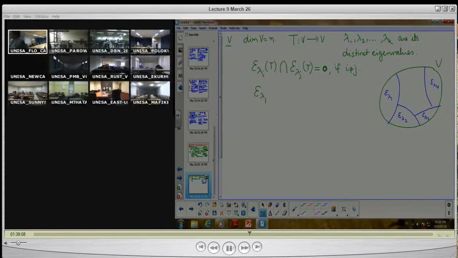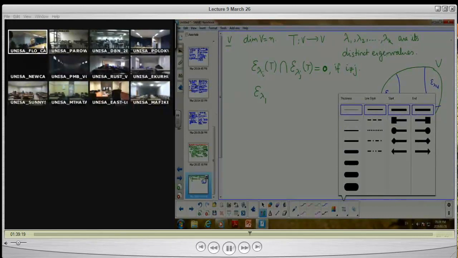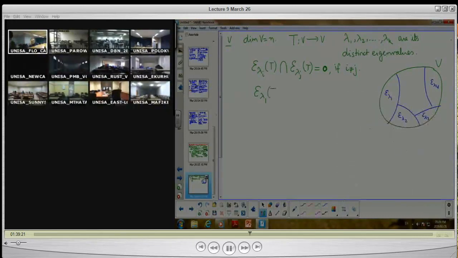So this one, we can take this. Okay? But remember, since they are mutually disjoint in this sense, this sum is actually unique.